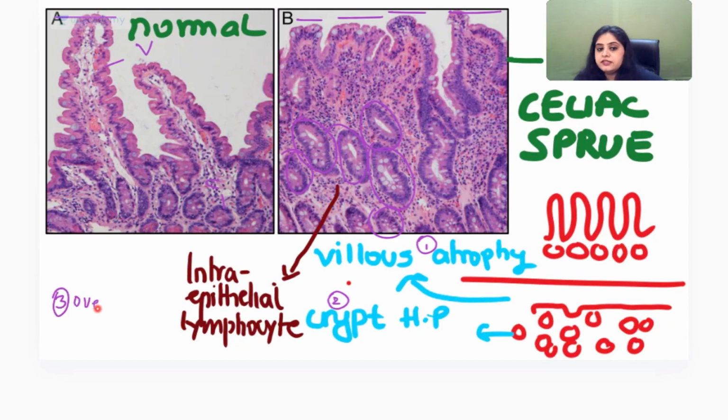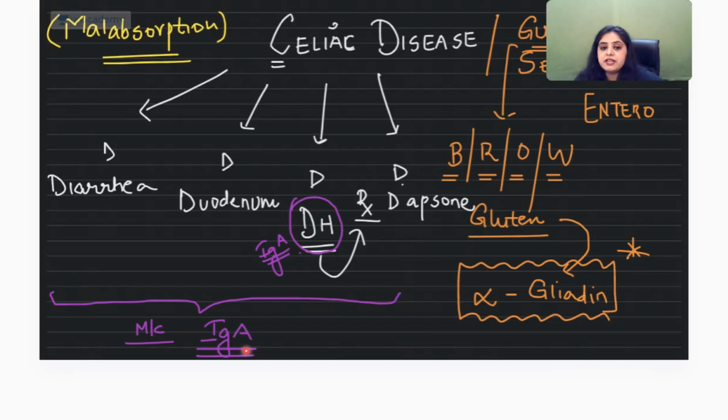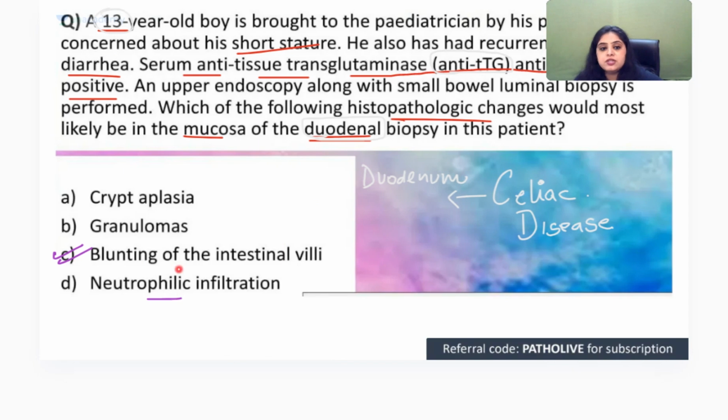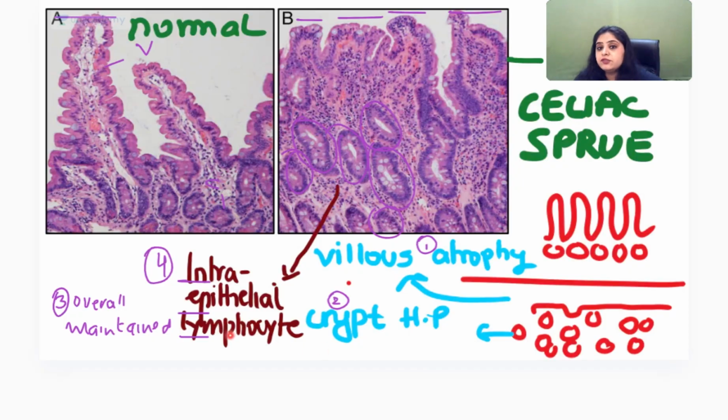Number 4 is which cell is predominantly infiltrating the epithelium? It is the lymphocyte. Someone was asking me, ma'am, why not option D? Because neutrophilic infiltration is not a feature of celiac disease. The feature of celiac disease is lymphocytic infiltration within the epithelium. Those blue cells that you see are intraepithelial lymphocytes.